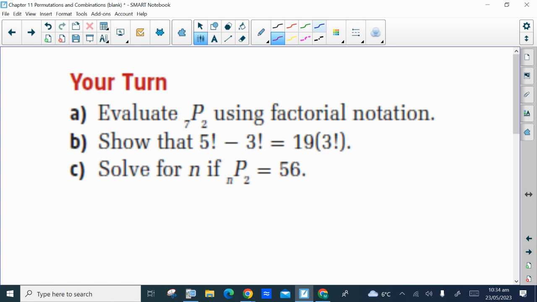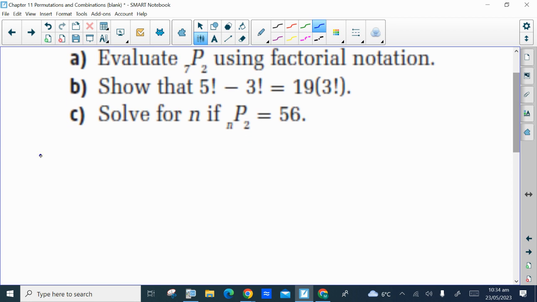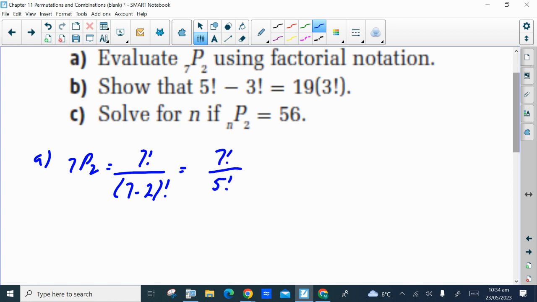All right, question A on the next page, evaluate that using factorial notation. So we did some of this last week. 7P2 means 7 factorial over 7 minus 2 factorial. That's the nPr formula, and it's on the formula sheet, so you don't have to memorize it. So we'll get 7 factorial over 5 factorial.